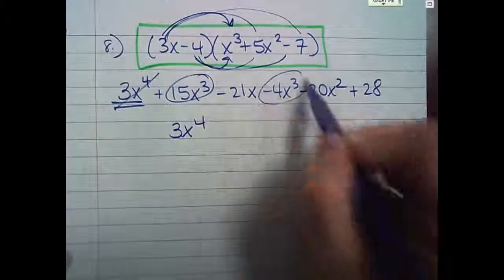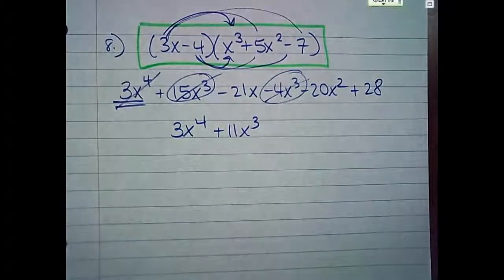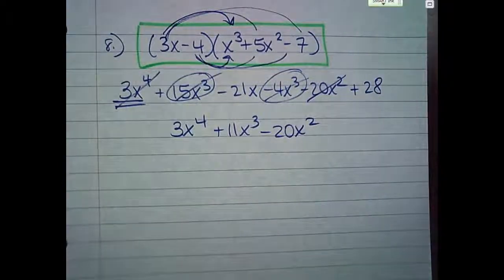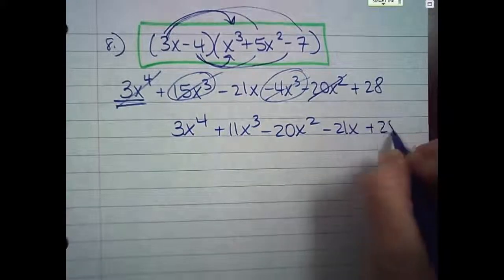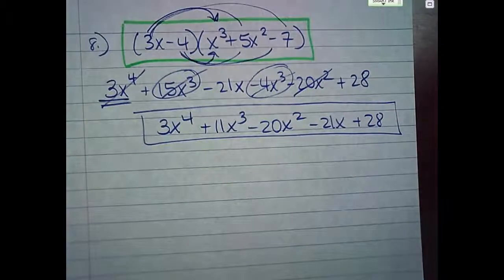Put these together, which is 11x cubed. Gone. What's next? Squares. Sometimes you will be able to add it, sometimes you won't. It just depends on the problem. Now put in your x. This is called descending powers of x. That's what we've got going on here. Okay? And then your answer will look like everybody else's, right? You're not searching for each sign.